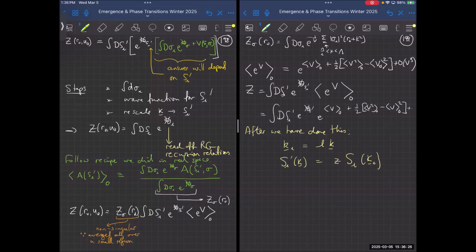And then after I've done that, I can read off the effective Hamiltonian.